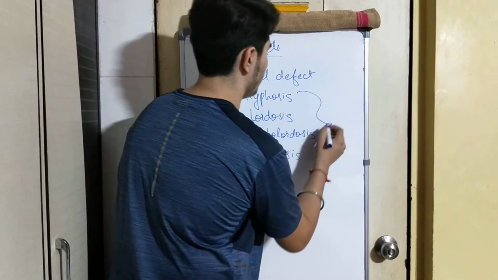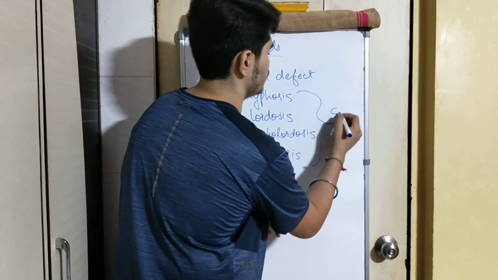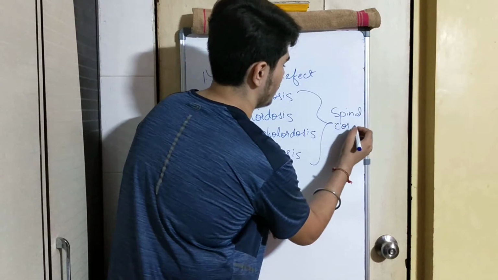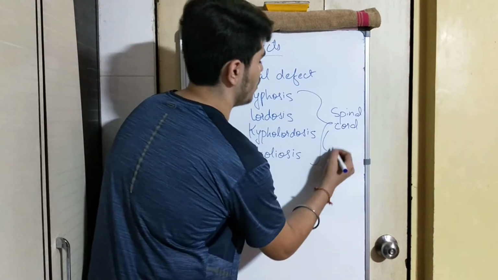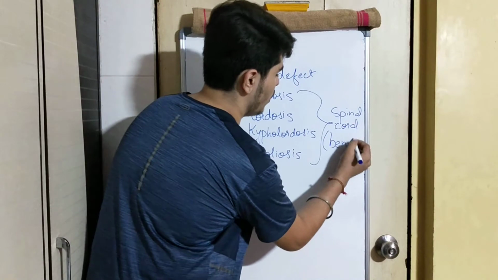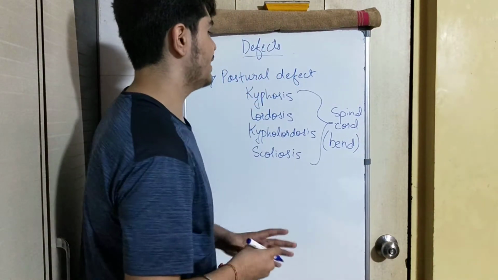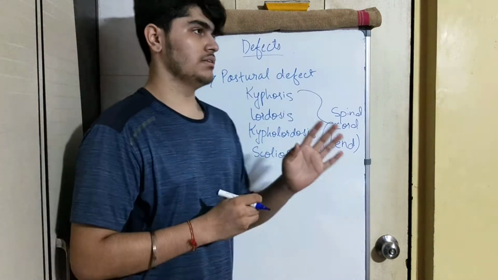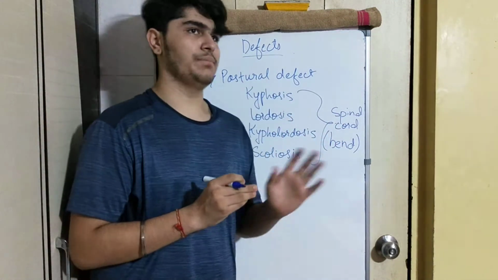These four are all regarding your spinal cord. When the spinal cord bends or is not properly in shape, any of these four defects can be in you.